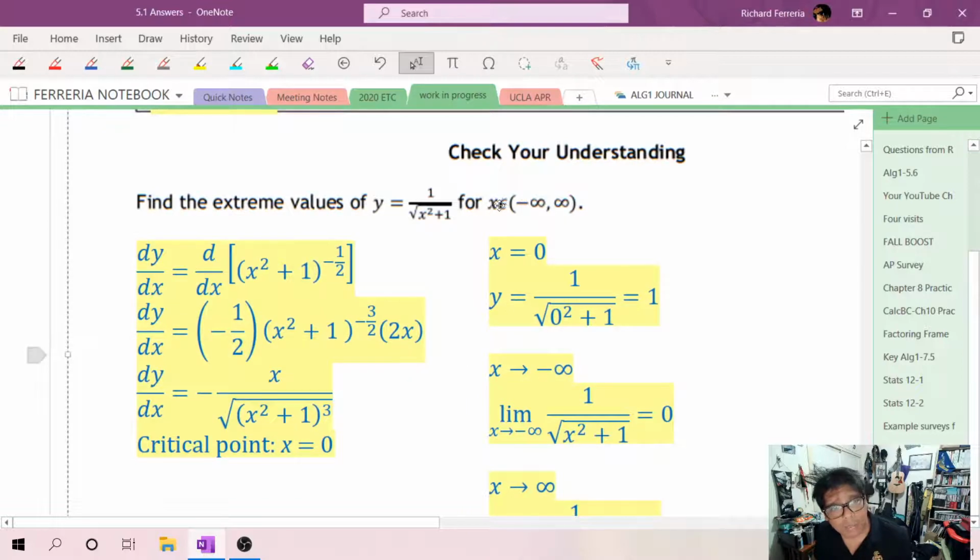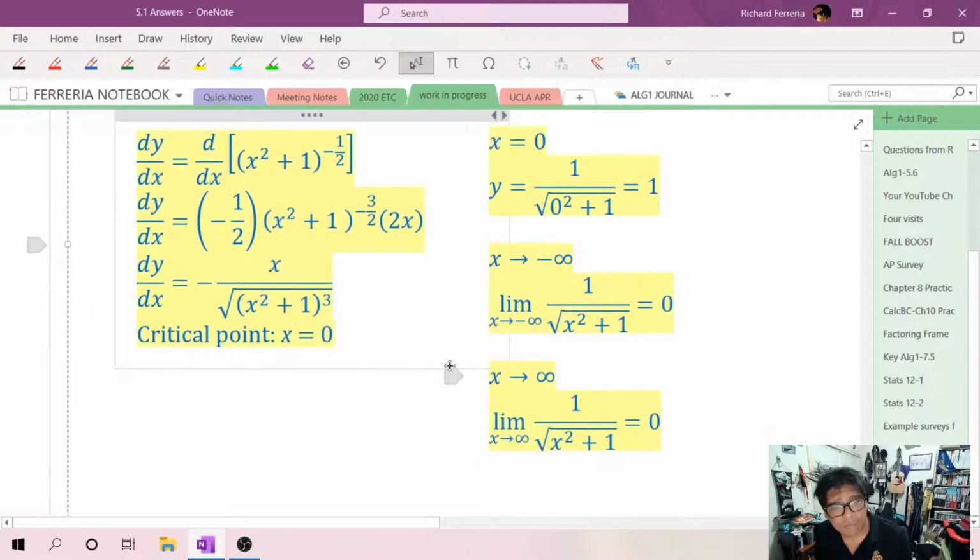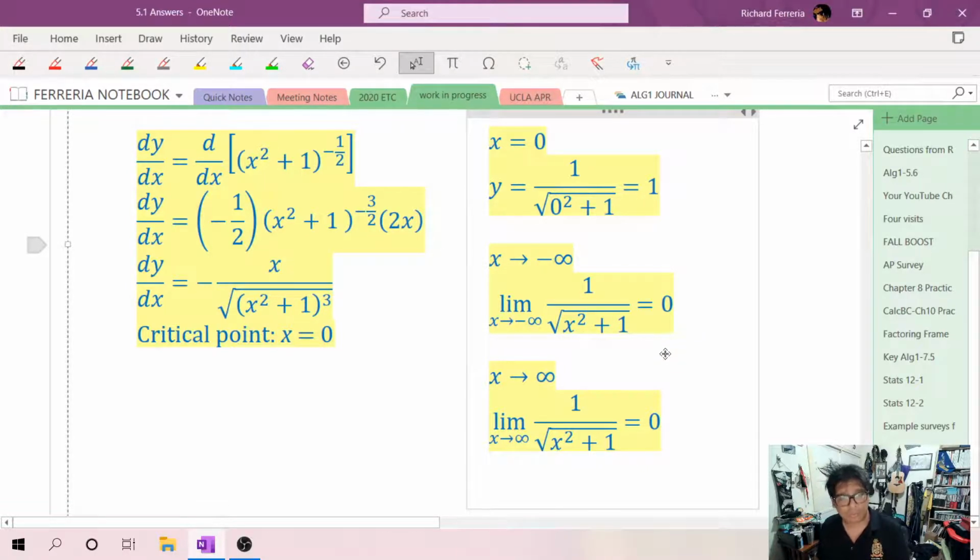What happens when x approaches negative infinity? If x goes to negative infinity, the denominator keeps on getting bigger and bigger. That's something that is going to show up time and time again in calculus. We want to see: does it get bigger? Does it get smaller? As it turns out, x squared plus 1 gets bigger and bigger, and 1 over a really large number approaches 0.